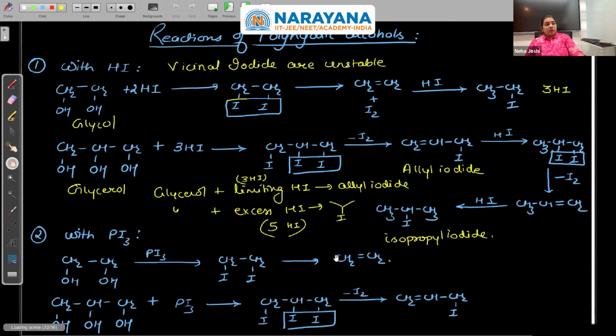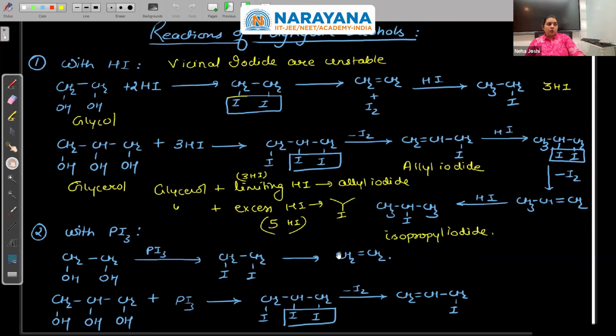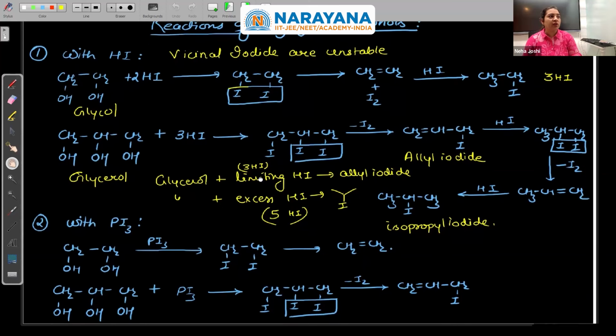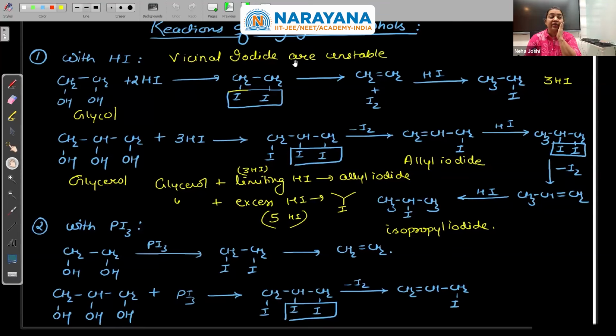Clear? Coming to reactions of polyhydric alcohols. Very, very important: reaction with HI. Remember this, take a screenshot of this page. Vicinal iodides are unstable. Gem dihalides are not unstable.